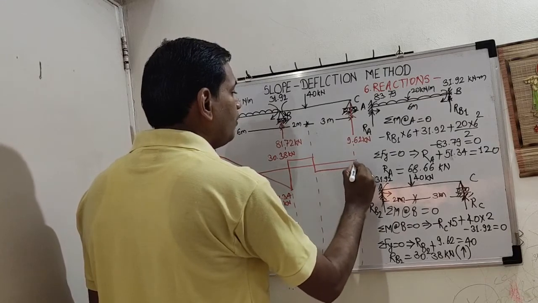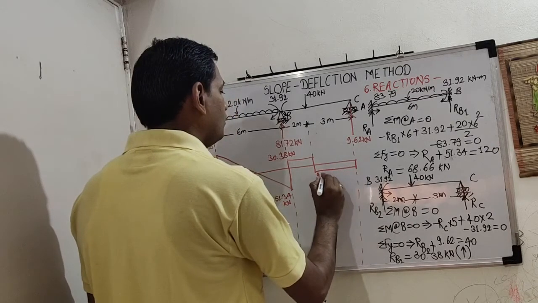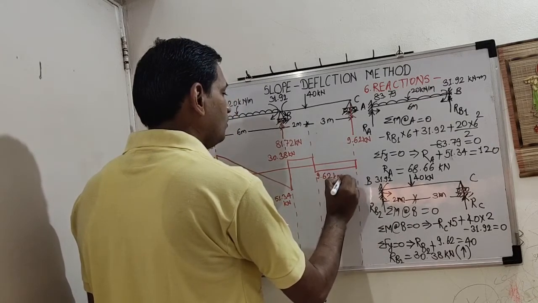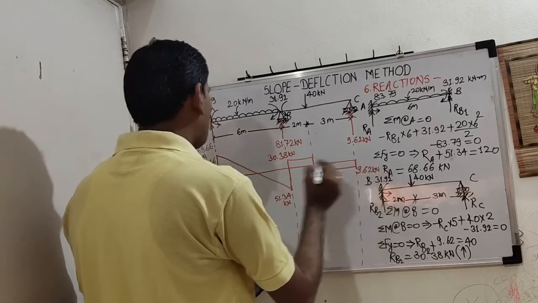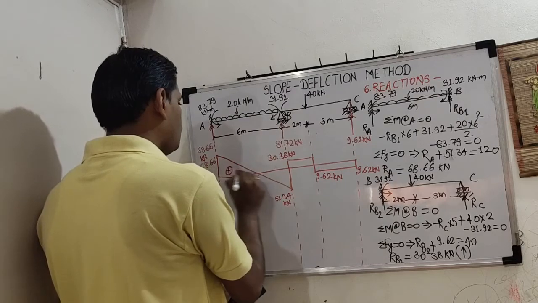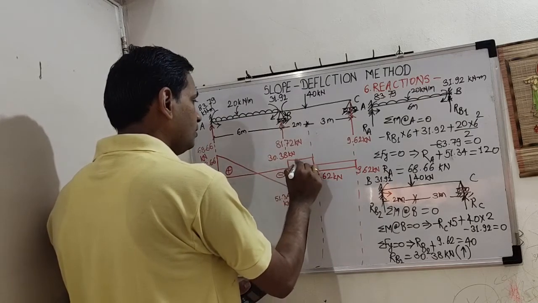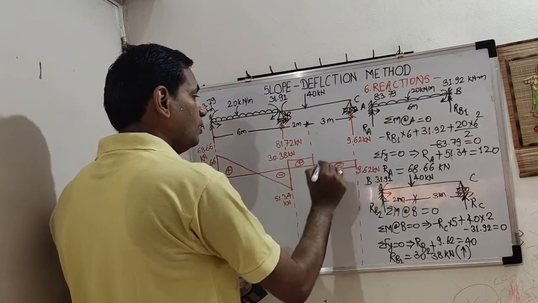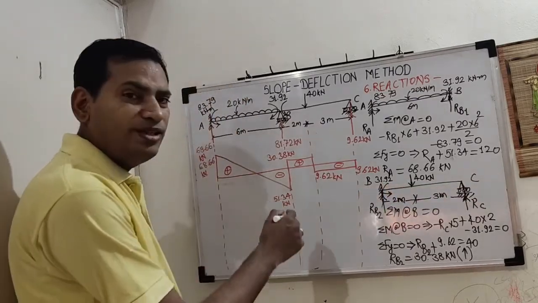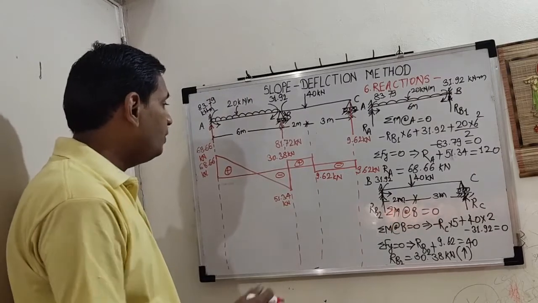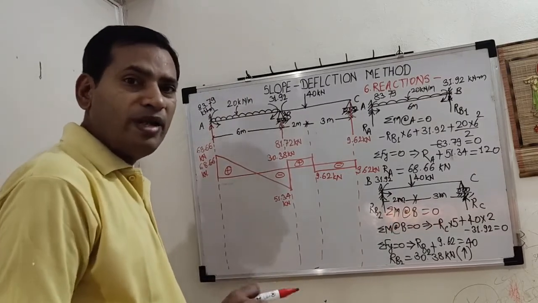Then you continue up to C. This is your shear force diagram. Show the appropriate signs, plus and minus. Now wherever shear force is changing the sign, those will be the locations for maximum bending moment.